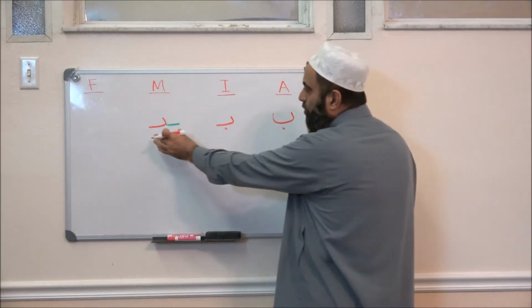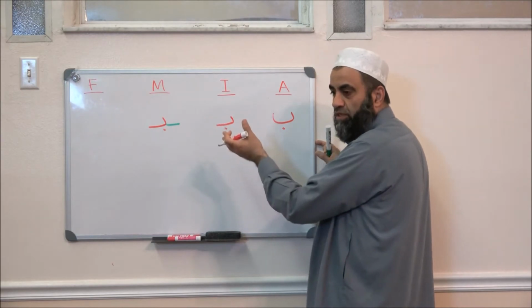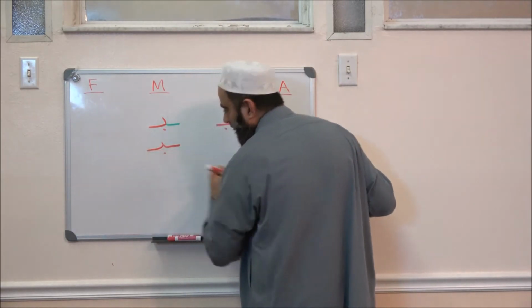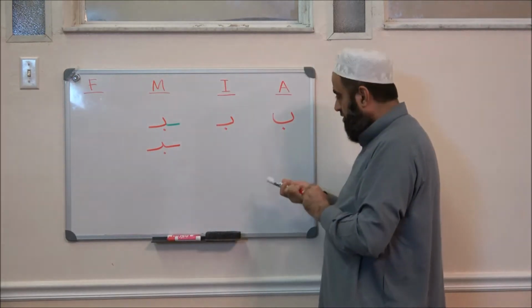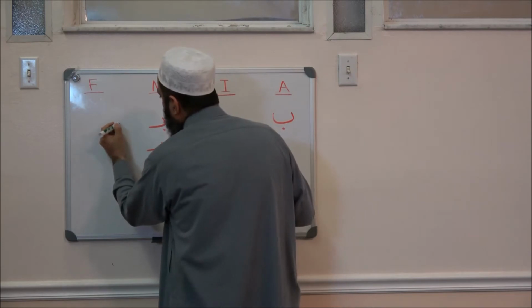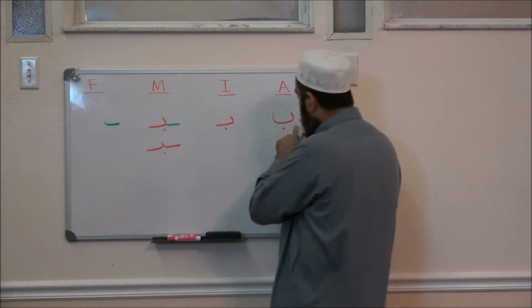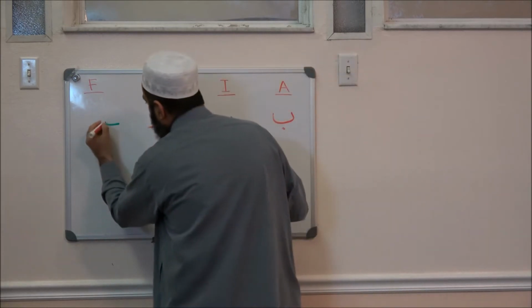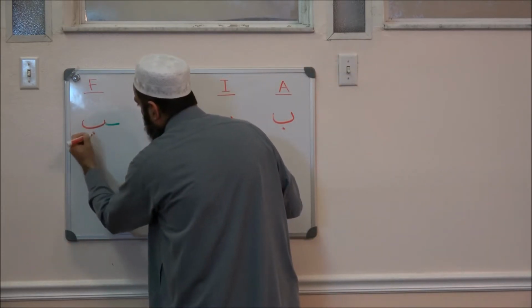Of course, in Arabic we don't have color coding, we just write it this way. The final form is obtained by adding a wire before the standalone form. So this is my final ba.